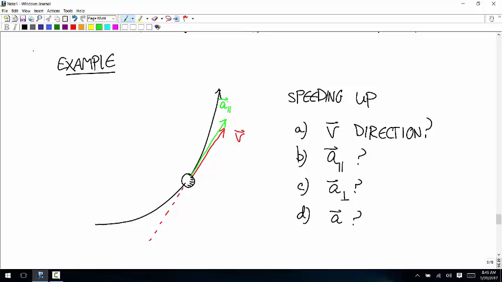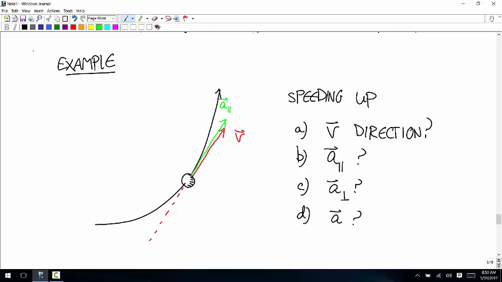If you think about that ball being steered along the path by a mouse inside or whatever, it's going this way. Is the mouse turning left or right? Well, that's what you have to think about in order to come up with the perpendicular part.